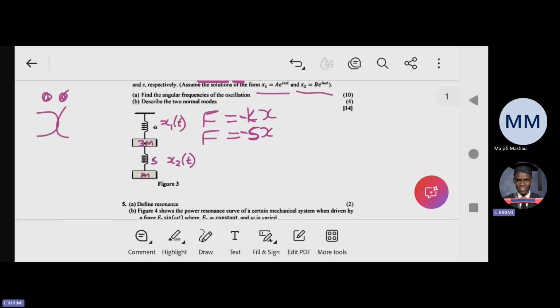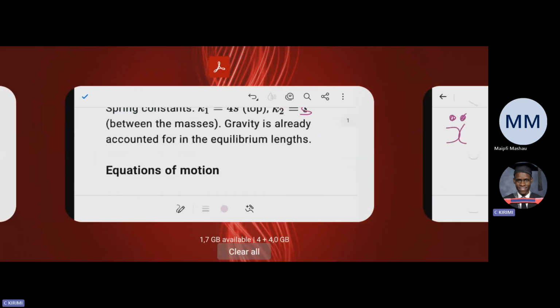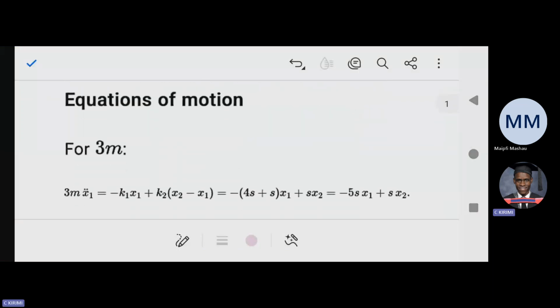So now we want the equations. How do we get the equations? For the 3m mass block, remember we know force is equal to mass times what? Acceleration. Force is equal to mass times acceleration.